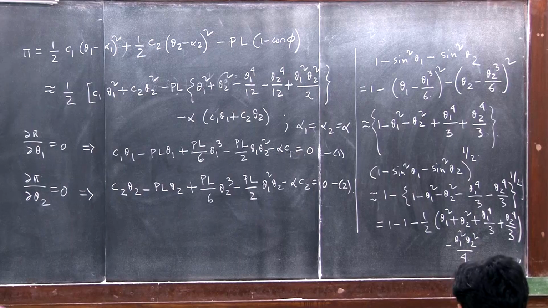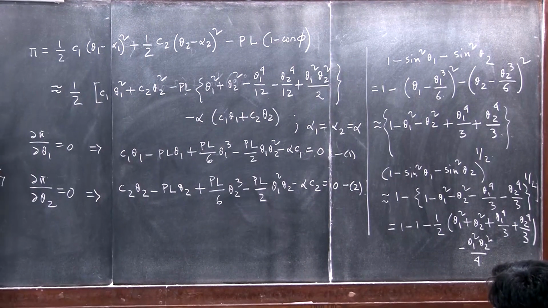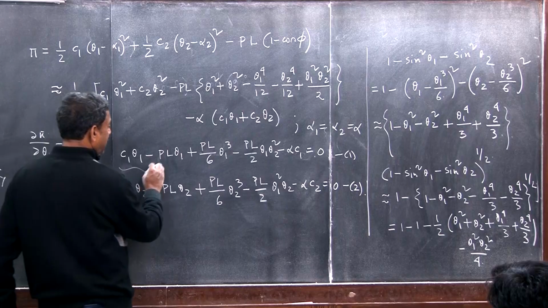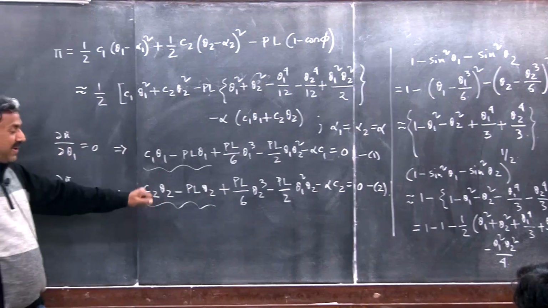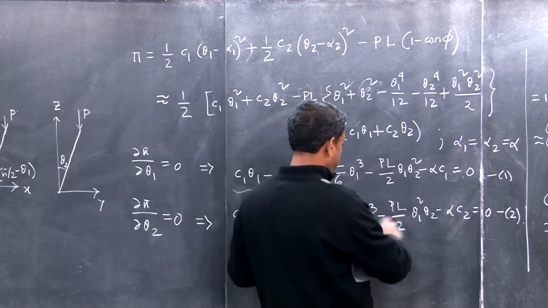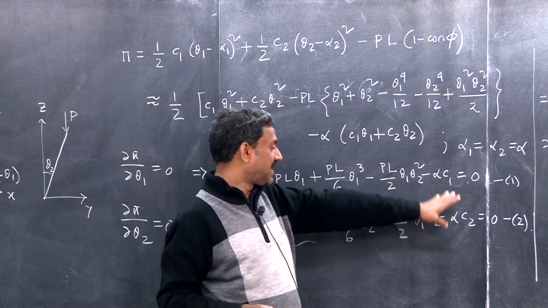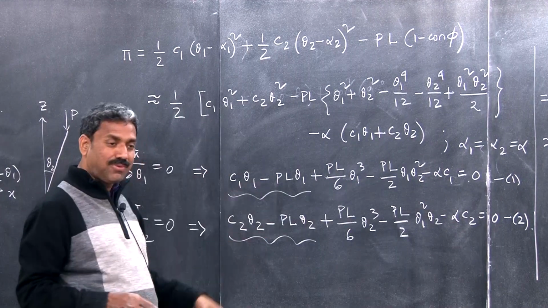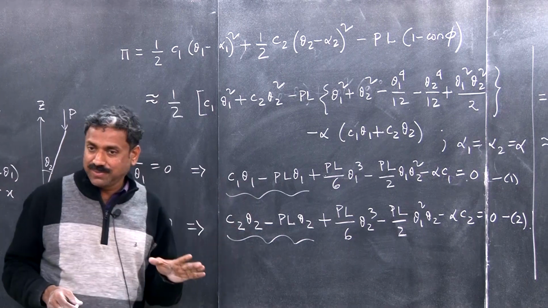So what you see, the interesting part is, look, until this it is linear, so you can easily form an eigenvalue problem, right? And the nonlinear term, if you linearize, means nonlinear terms we neglect, and neglect imperfection as well, then it will give you the eigenvalue problem, and from the eigenvalue problem you can find out P critical.